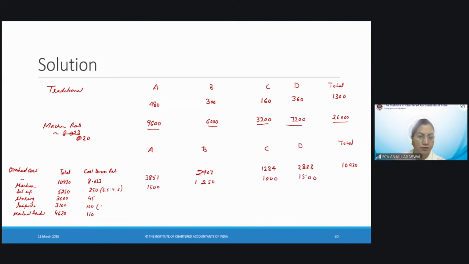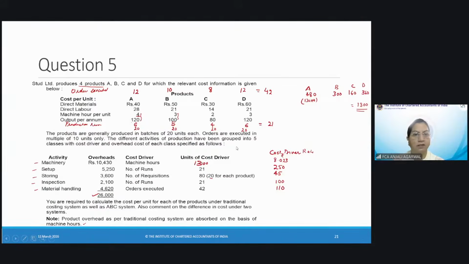Your inspection was also in the same ratio. 100 rupees per run. So 600, 500, 400, and 600. Material handling was done 42 times: 12, 10, 8, 12. So the ratio is the same, 6, 5, 4, 6.